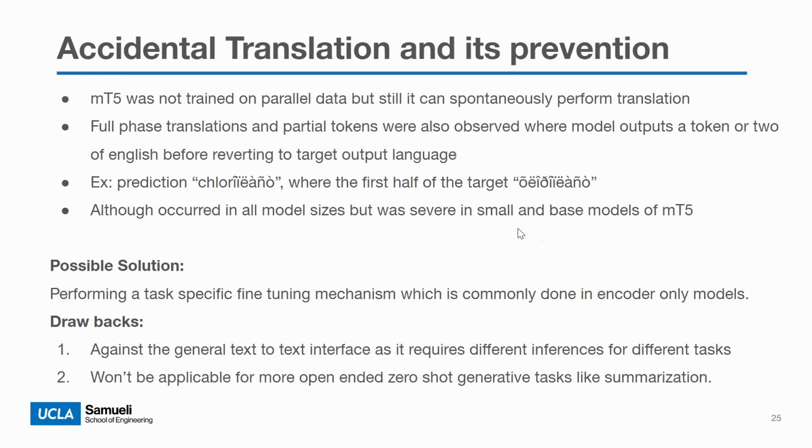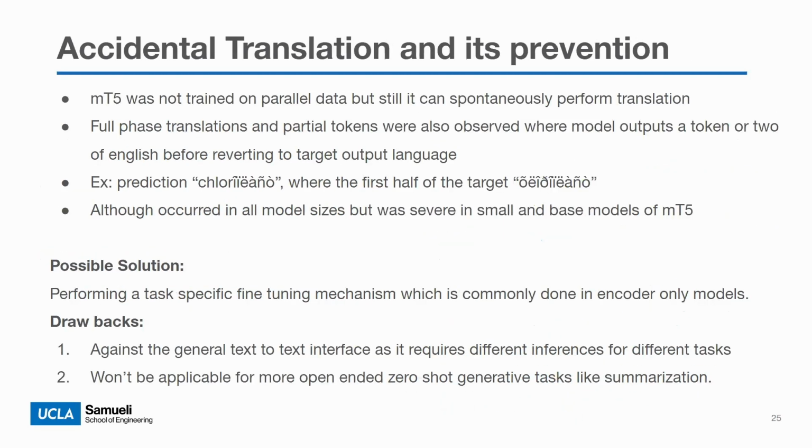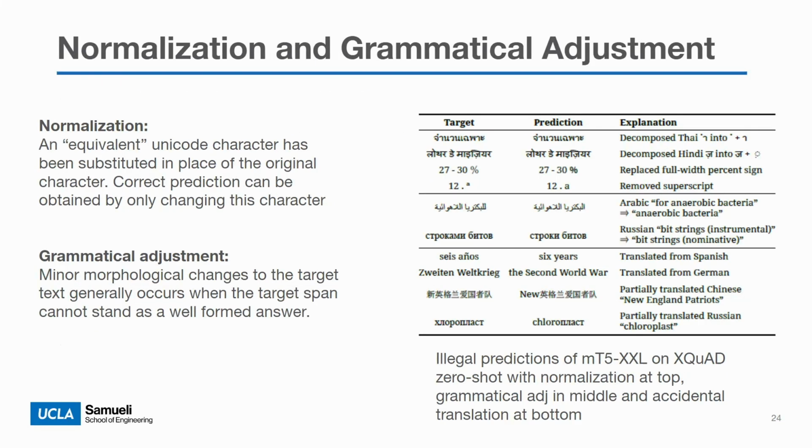Then moving to the accidental translation. Accidental translations are where the model fails to keep the answer in the target language. You can see in the bottom part of this picture, the target answer was in Spanish, but the model translated it into English and gave that as the prediction.